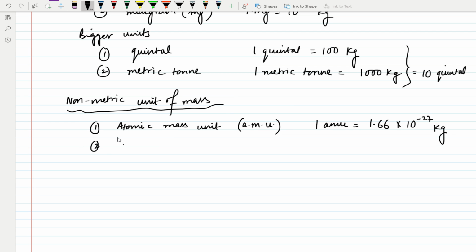Similarly the second one is solar mass, and 1 solar mass is equal to 2 into 10 to the power 30 kg. Now atomic mass unit is usually used to measure the mass of fundamental particles like electrons, protons and neutrons, and solar mass is simply the mass of the sun. So this was all about the unit of mass.